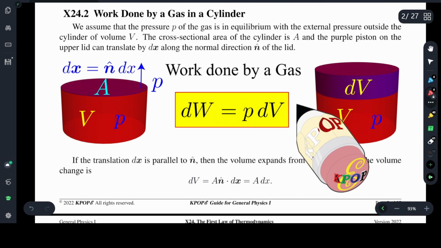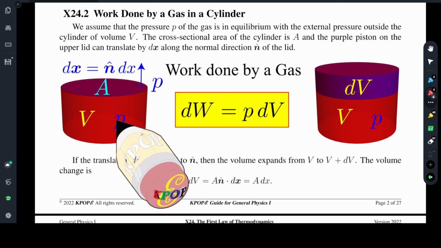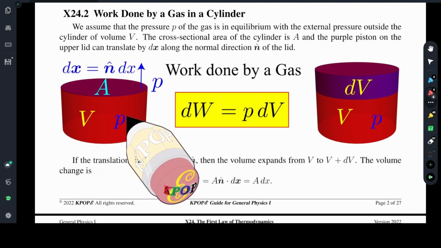Next, we would like to separate the environment from our main concern, that is a sample of gas. When we consider a sample of gas, we need to know the volume and the pressure in it.